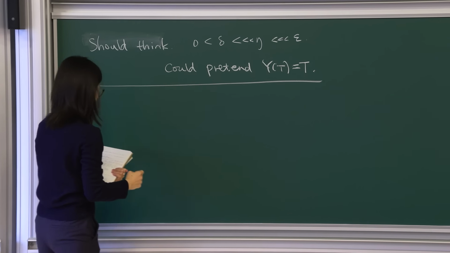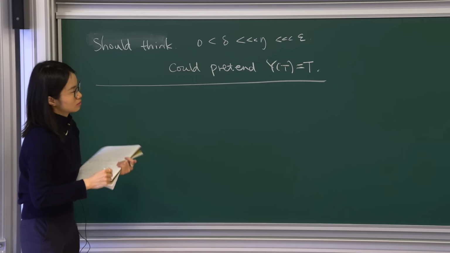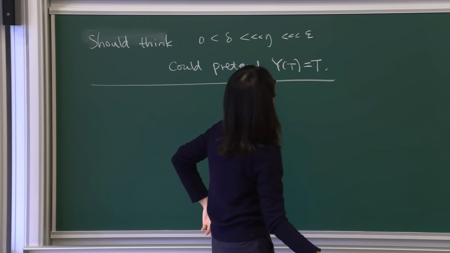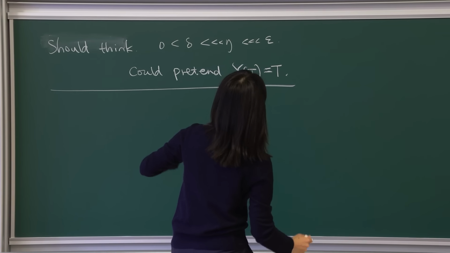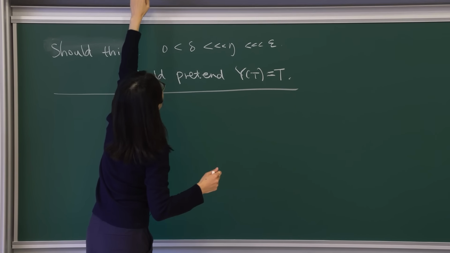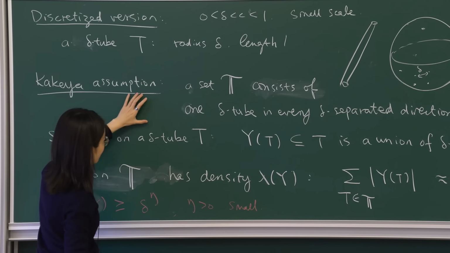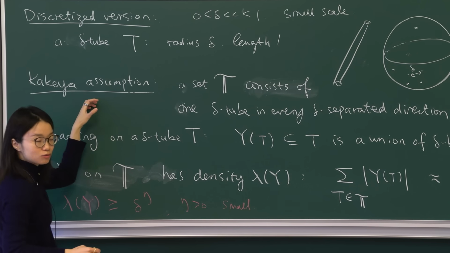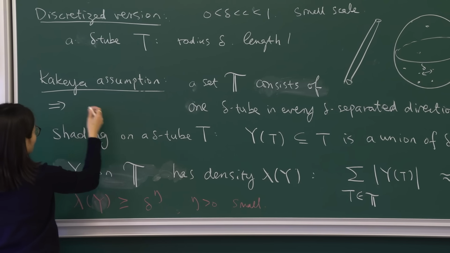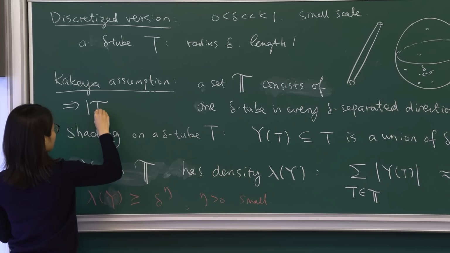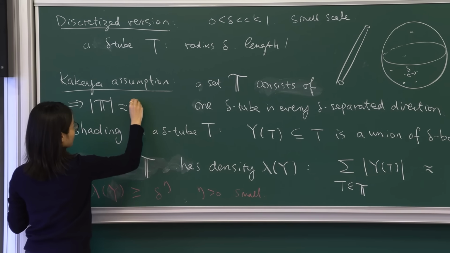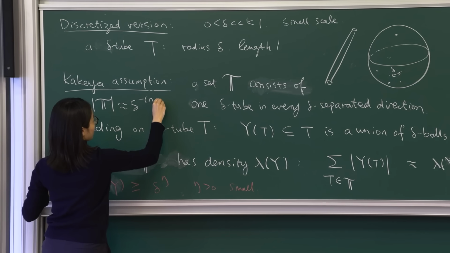So I will try to explain the difficulty of the Kakeya set conjecture. One thing is that if a set of tubes satisfies the Kakeya assumption, then it implies that the number of tubes is roughly delta to the minus n minus 1.